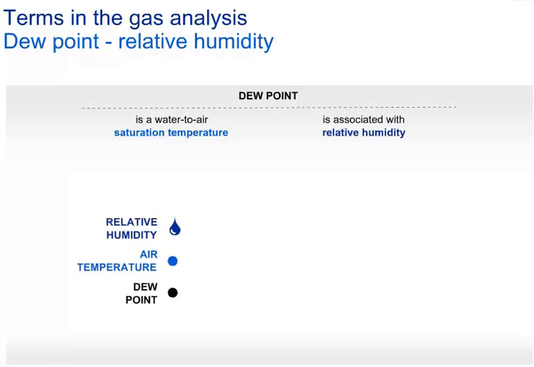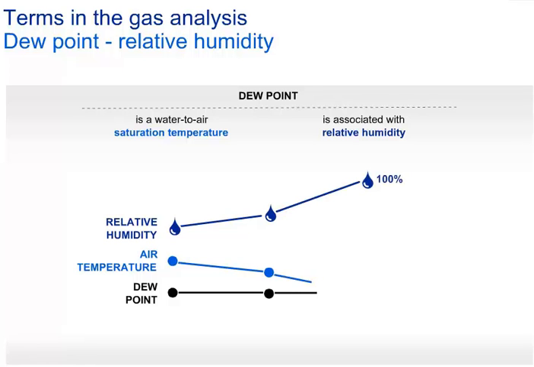A high relative humidity indicates that the dew point is closer to the current air temperature. When the dew point remains constant, that's to say the absolute water content remains constant, and the temperature decreases, relative humidity increases. Relative humidity of 100% indicates that the dew point is equal to the current temperature, and that the air is maximally saturated with water.